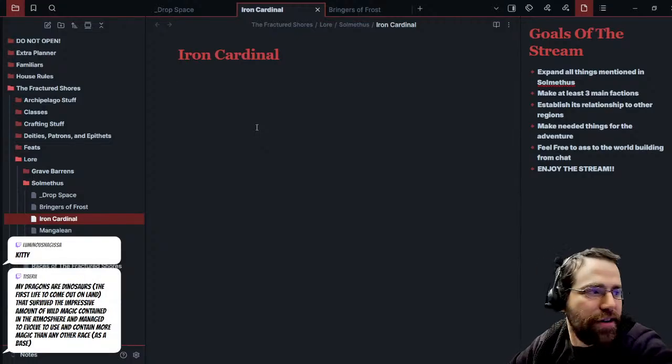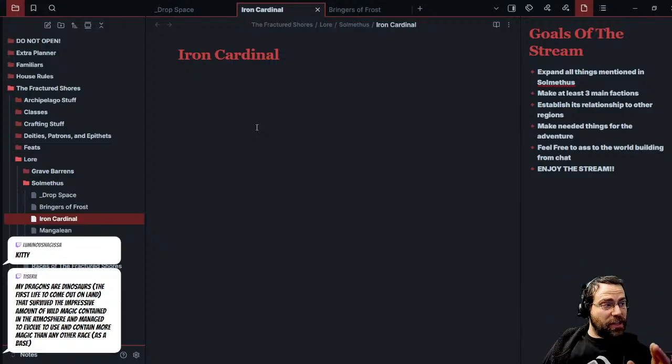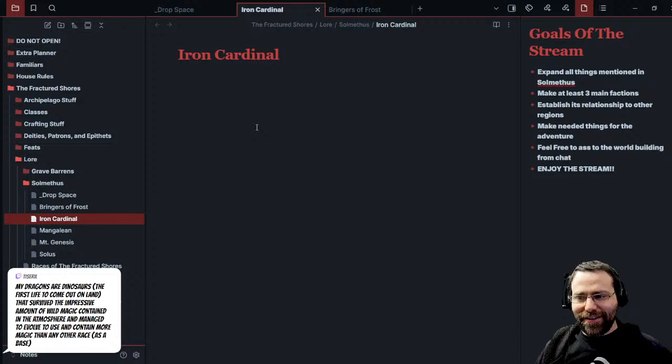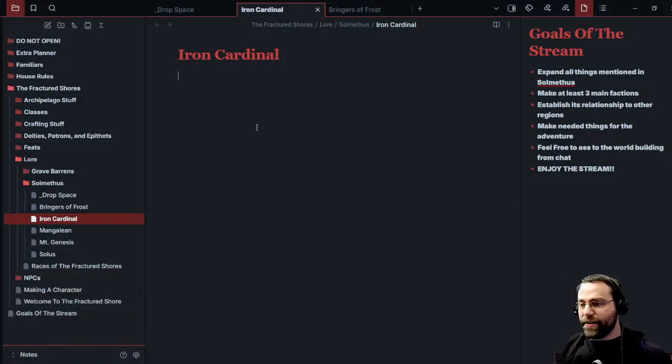Let's see here. Do the dragons have their own dimension, or is it just a dimension that they come from? Very specifically, the metallic chromatic dragons have their own dimension. They are from their own planet, and they have an eternal war. There are native dragons to the Fractured Shores, but those are the primordial dragons.